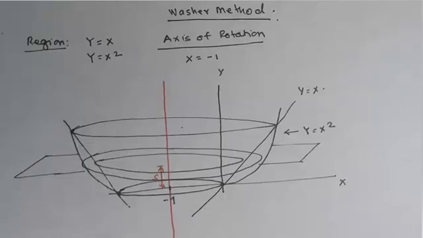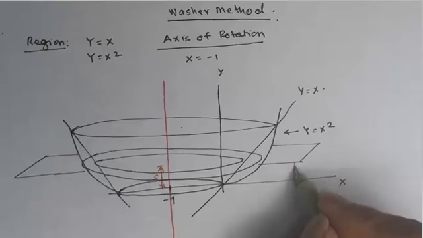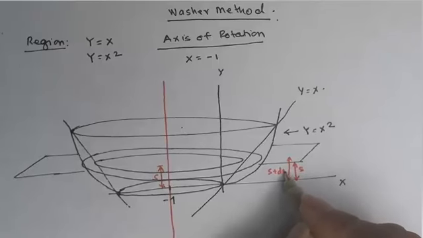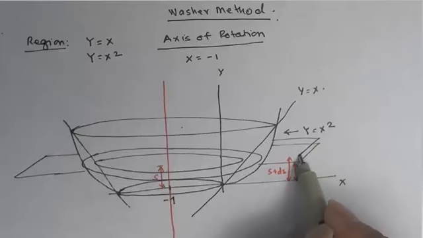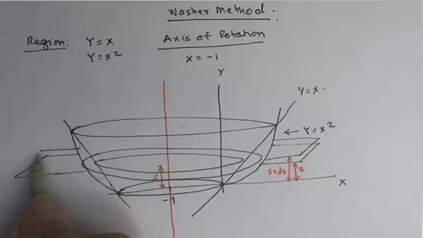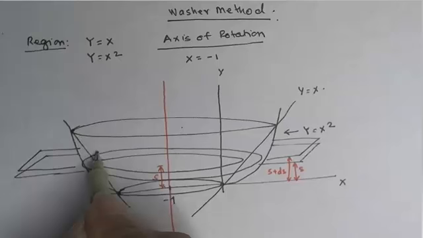And then, as before, we increase S to S plus ds. So if this was originally S, we increase its value slightly to S plus ds. Take a new plane at that value, slice through the volume, and now we get a new pair of circles.